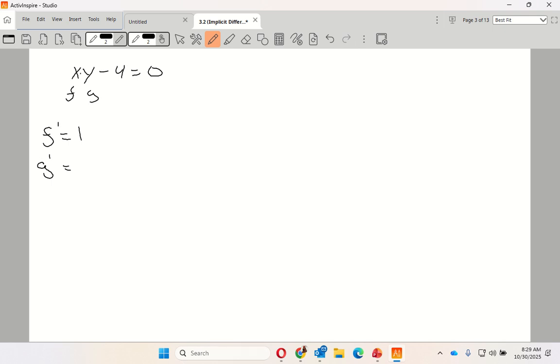No, it is 1, but since I'm taking the derivative of something that's not x, I need to say that I'm taking the derivative of something that's not x. So I'm going to add a dy dx. So it's 1 dy dx, because it's telling that I'm taking the derivative of y in terms of x.